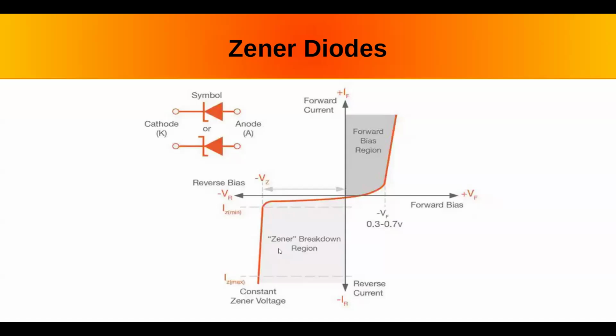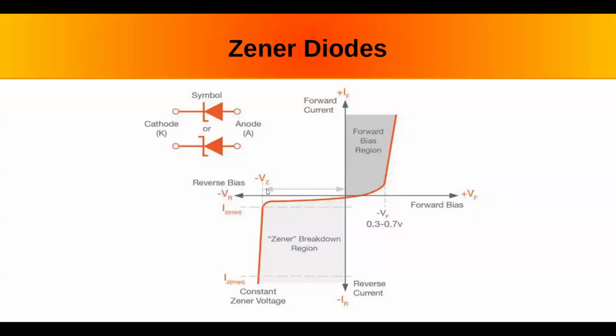There's a plot of the current, and you can see in the positive direction, you have a little bit of leakage current until it gets up to the barrier potential, and then it's only limited by internal resistance. When you go in the negative direction, it's going to have very little leakage current.